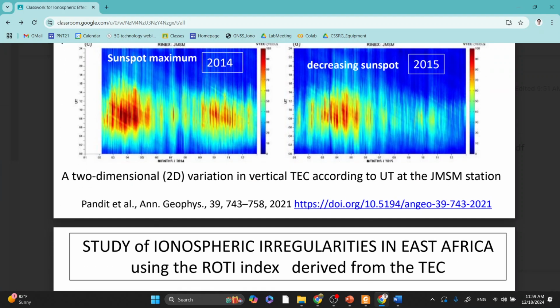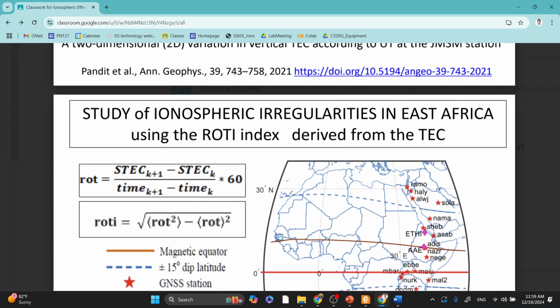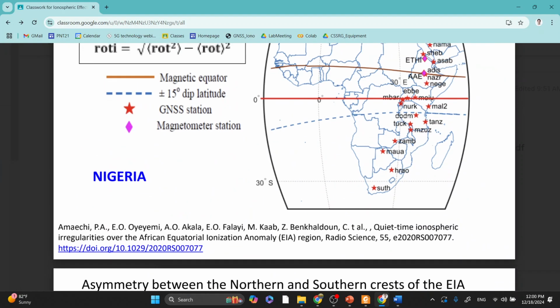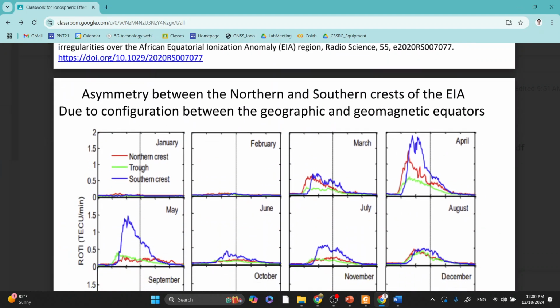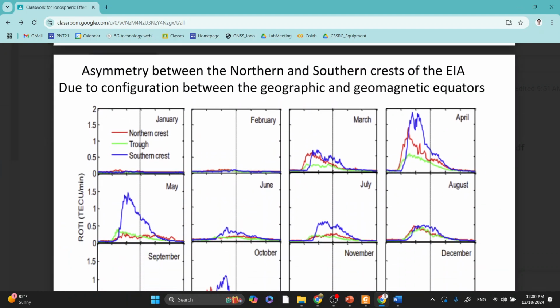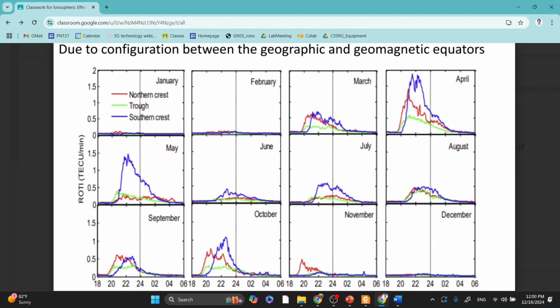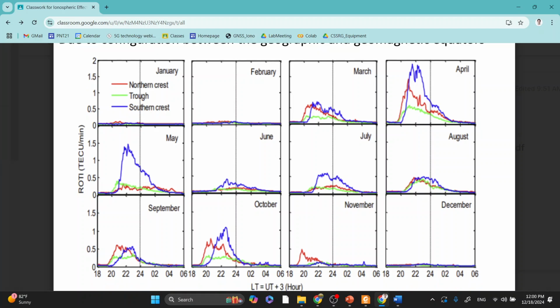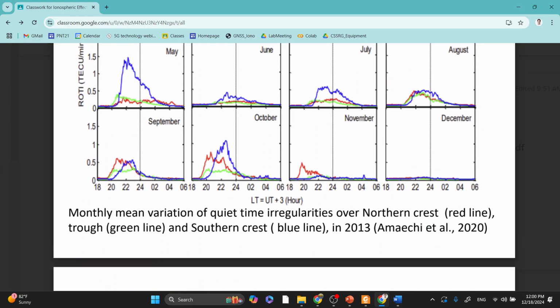I mean, nothing strange about this. And in here they also look at the asymmetry of the northern and southern crest at the EIA of the ROTI, for example. Yeah, people often like to look at the asymmetry between the northern and southern hemisphere and see which one is more severe or has higher values.